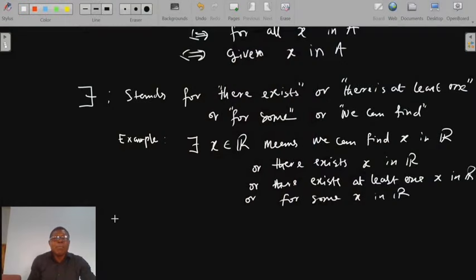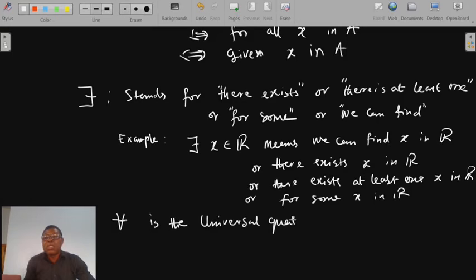Now, the symbol which stands for all is what we refer to as the Universal Quantifier. The symbol for all is the Universal Quantifier.